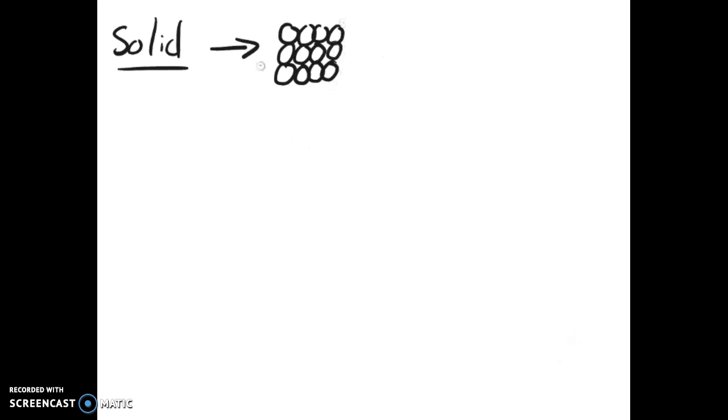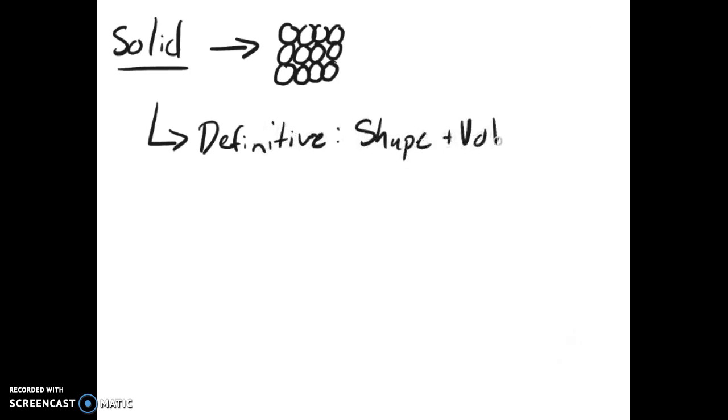Now this is the most ordered of the states, as remember we talked about crystalline structures in solids, or ionic compounds. But some properties that you need to know for solids is they have definitive shape and definitive volume. They also have a definite melting point, pretty high density, a relative incompressibility, and a low rate of diffusion.